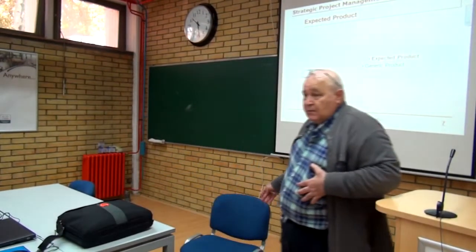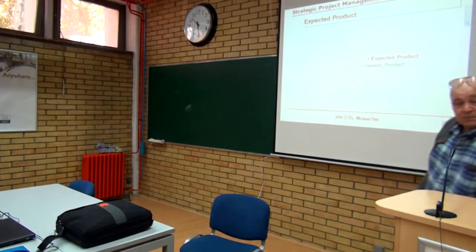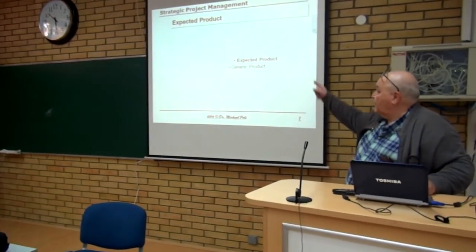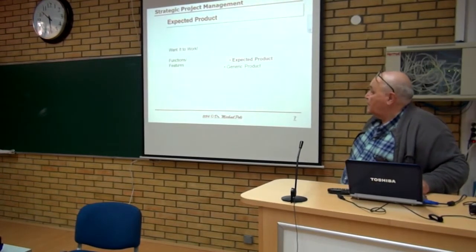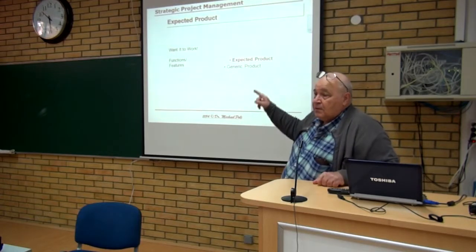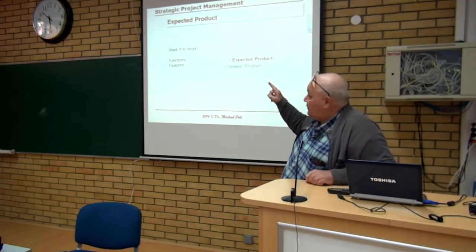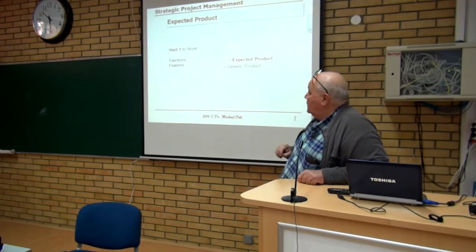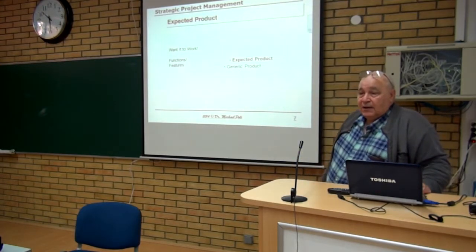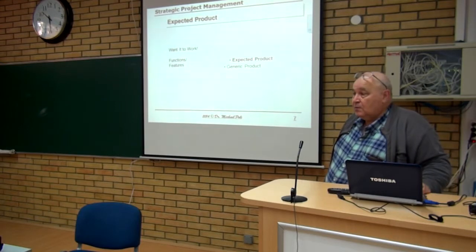Full package, right? So when we build our product or service, we need to build the expected product, because they want it to work. They want it to have all the functions and features that it's supposed to do.